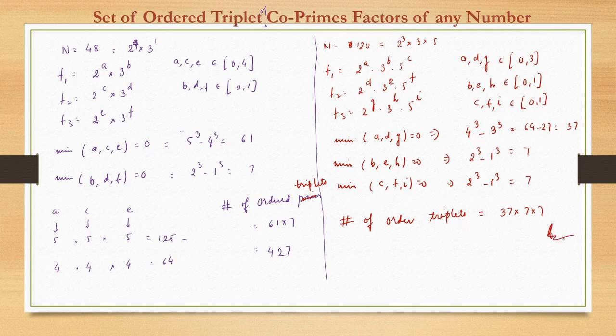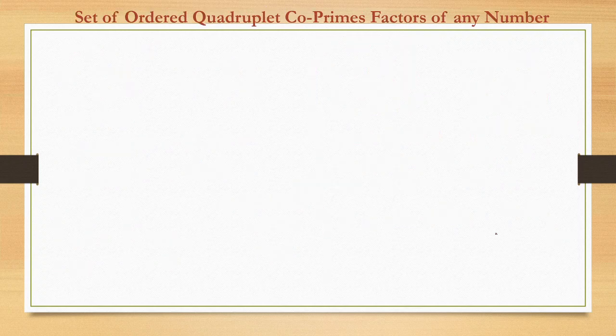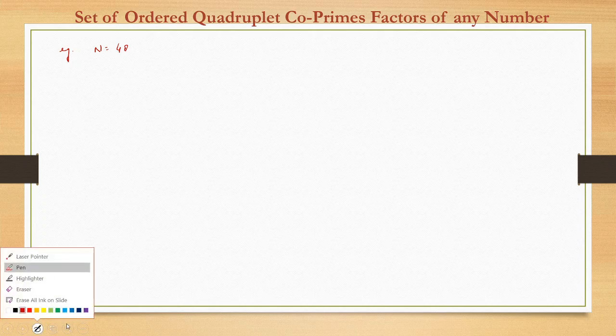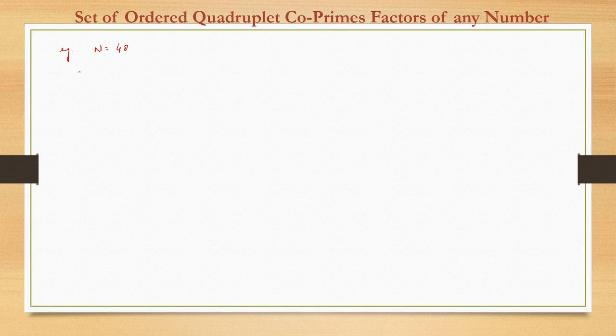So this is the process which we adopt when we have to find ordered triplets. Now if the question is for ordered quadruplets, we will take a similar pattern. I'll take one example and move ahead quickly. So the same example, n is equal to 48, suppose.